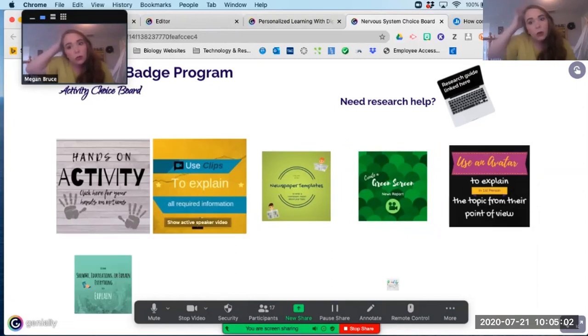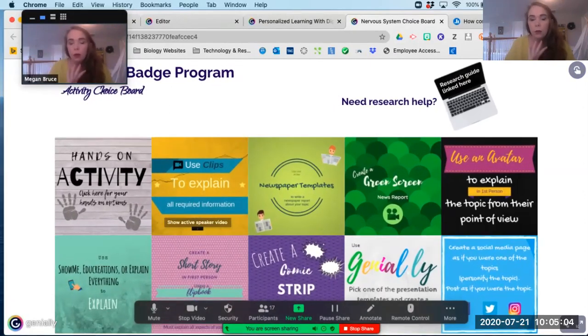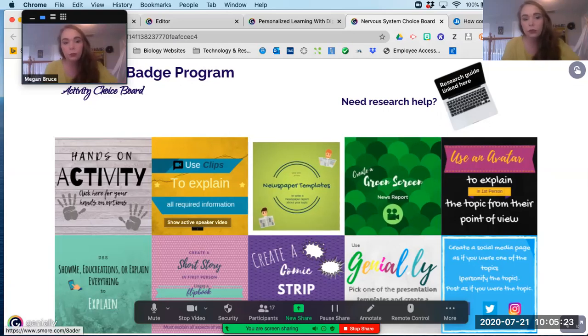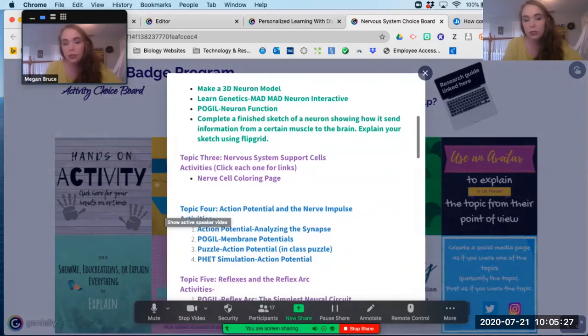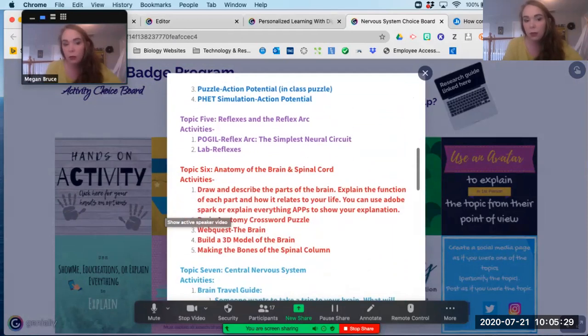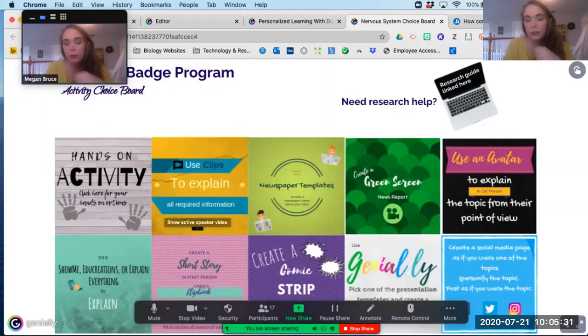So when we did the nervous system unit, on the activity portion, they could pick from a couple of activities that we had made just digital, or they could show what they had learned through one of these options here. So basically, they could do the hands-on activities that Kira had, and she has options for that as well. Those were just the topics that she had.